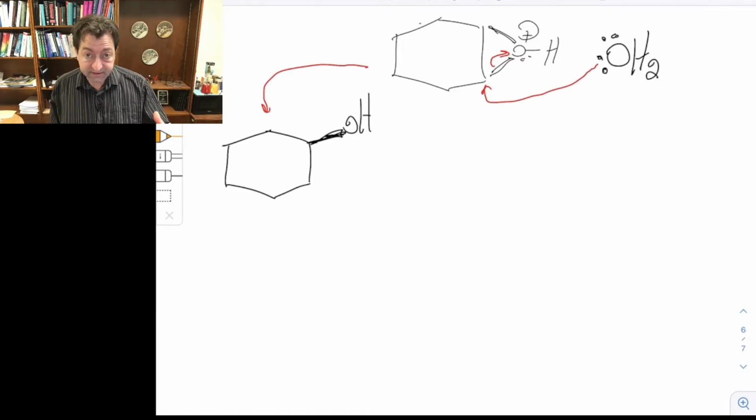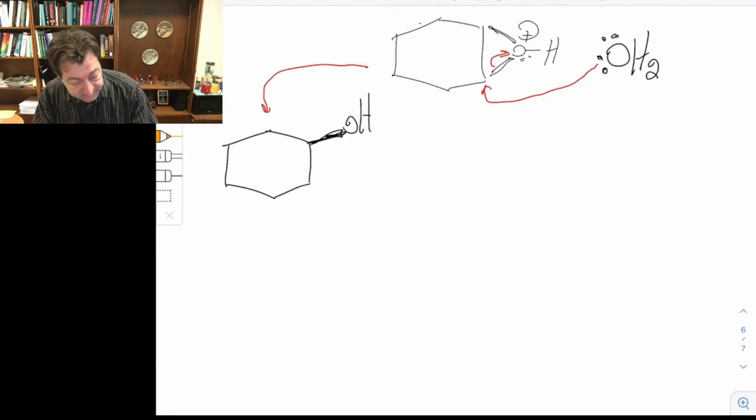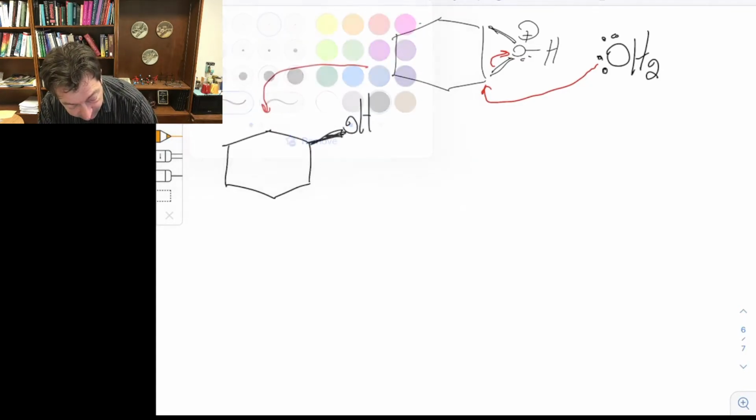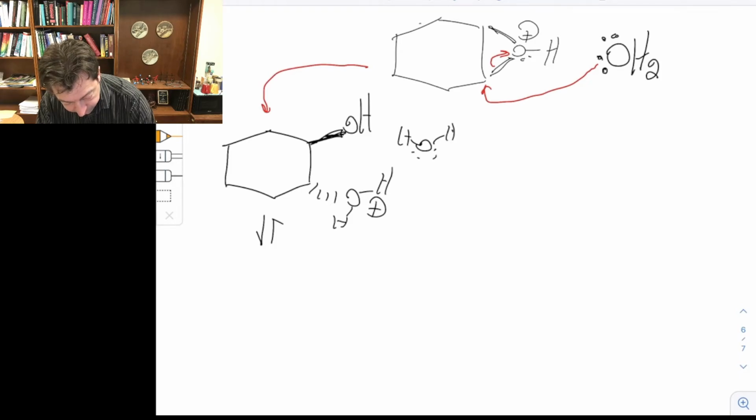So that's going to attack the back side of that leaving group, effectively a nucleophilic attack like we've seen before, and that's going to go from the underside, or the least hindered side, of this molecule. We'll make an O. And that'll take off that proton, and we're left with a product that looks like that.